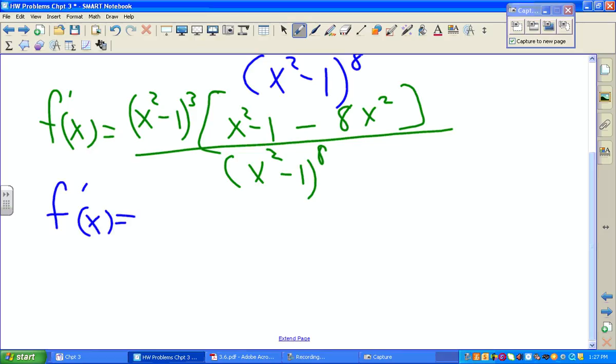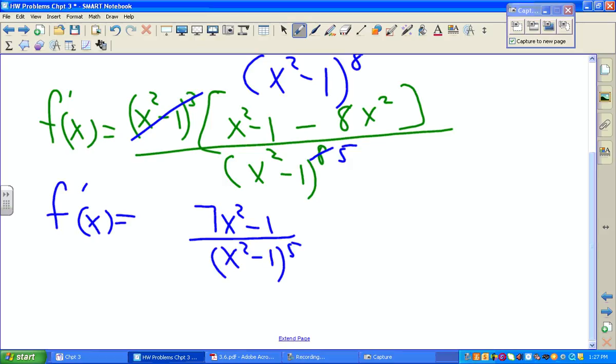So the cube's obviously going to go away. That leaves me with 7x squared minus 1 over x squared minus 1 to the 5th. Yep, negative 7x squared minus 1 all over x squared minus 1 to the 5th.